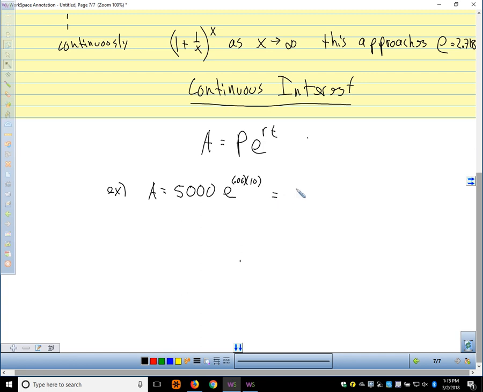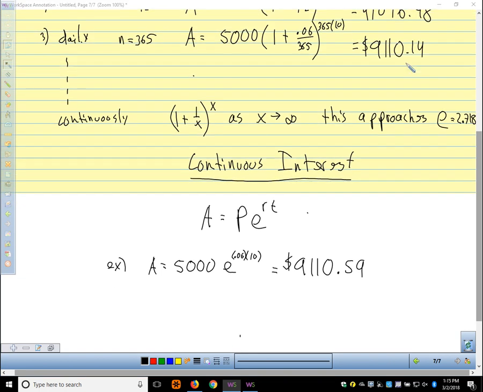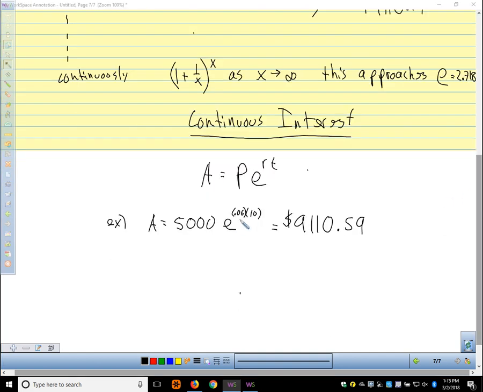And when we calculate that out, we get 9110.59. So continuously compounded interest gets us just a little more than we got if we compounded daily. And in your calculator, to calculate this quantity, you would use the button e to the x. This number e is going to be pretty important for what we do in this chapter.